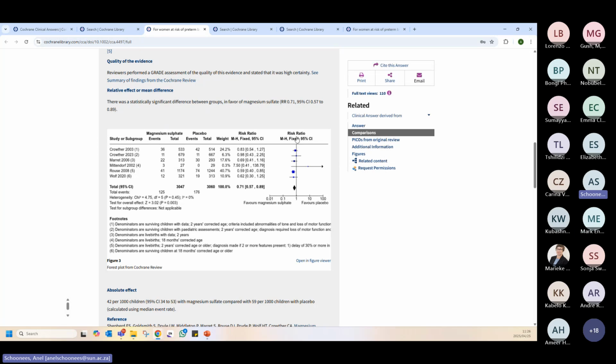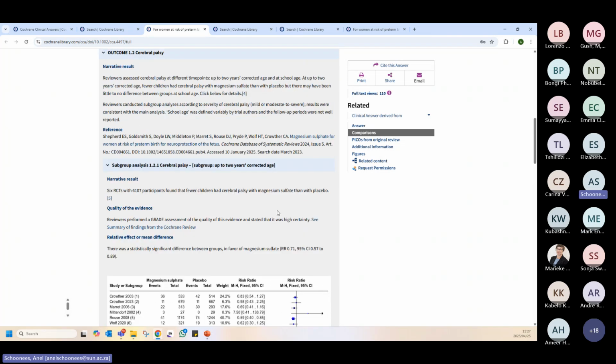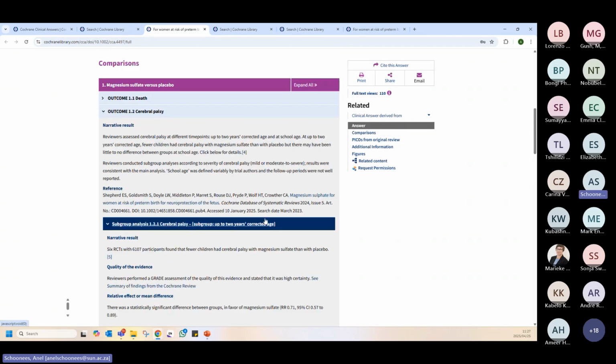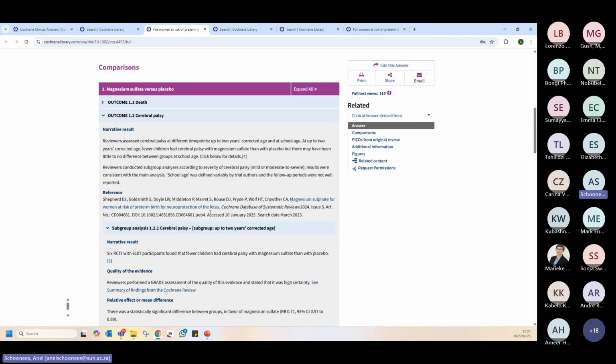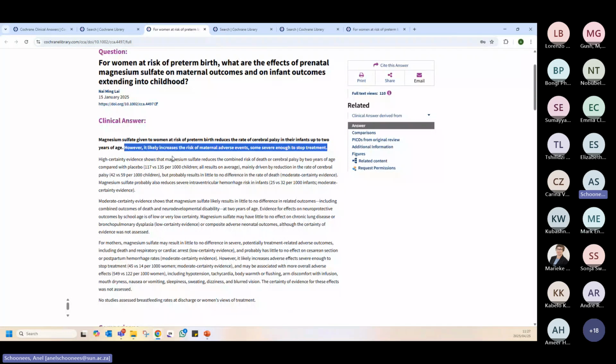So we can see here that a risk ratio was used, and overall, on average, it showed about a 30% reduction, which favors magnesium sulfate when compared to placebo. So definitely a favor there. And then the Cochrane review would have done the GRADE summary, the GRADE judgments with regards to the quality of evidence, and that is how we got to this high quality, high certainty evidence that's been referred to here.